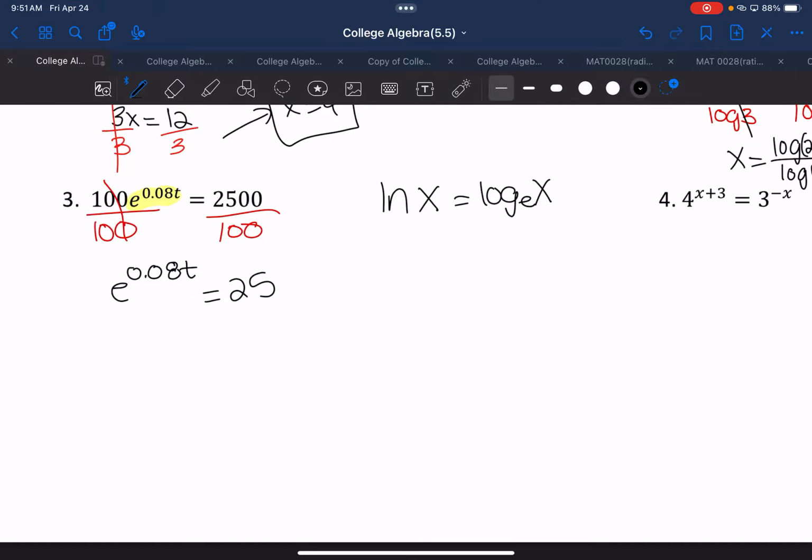So if I take the ln of both sides here, this would be ln of e to the 0.08 t equals ln of 25. What happens? Do we remember?